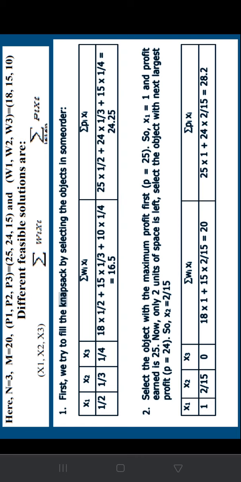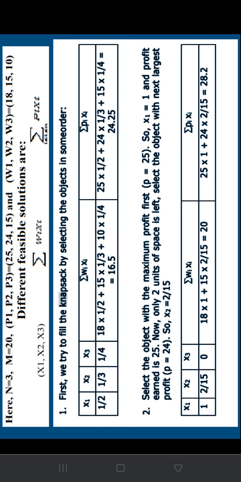So the summation of w times x is 18 into 1 by 2, because 18 is the weight of the first object and the ratio is 1 by 2 for x1, plus 15 into 1 by 3, plus 10 into 1 by 4. The summation of these values gives 16.5. That means we achieve 16.5 as the weight.